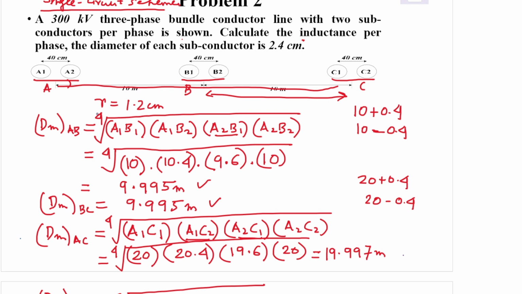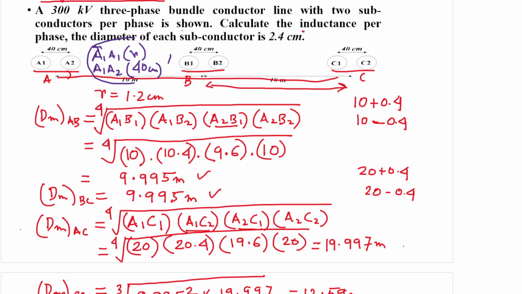There are two combinations: one is A1 to A1, another is A1 to A2. A1 to A1 is the radius, and A1 to A2 is the 40 centimeter. This will be the same for every possible combination. For B1 to B2, it is the radius, and B1 to B2 is 40 centimeter. And same for C1 C2.